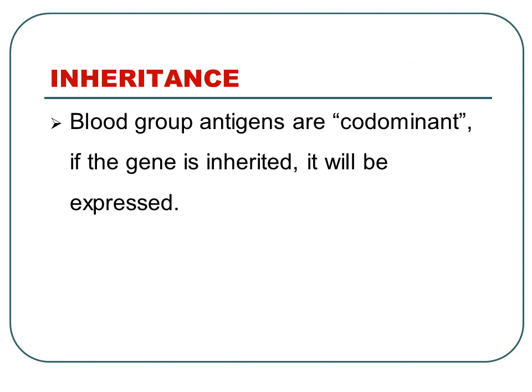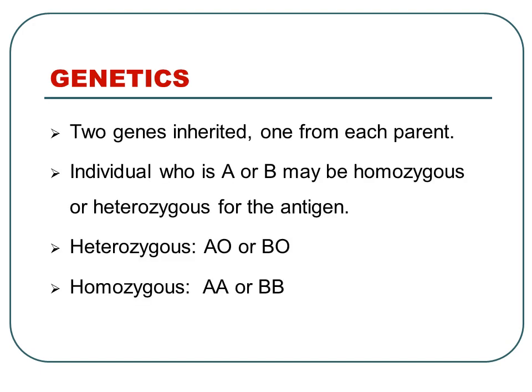Blood group antigens are codominant. If the gene is inherited, it will be expressed. Two genes are inherited, one from each parent, in the ABO blood group system. An individual who is A or B may be homozygous or heterozygous for the antigen.